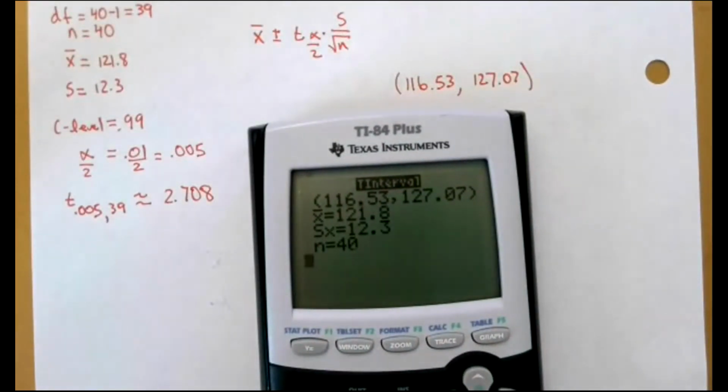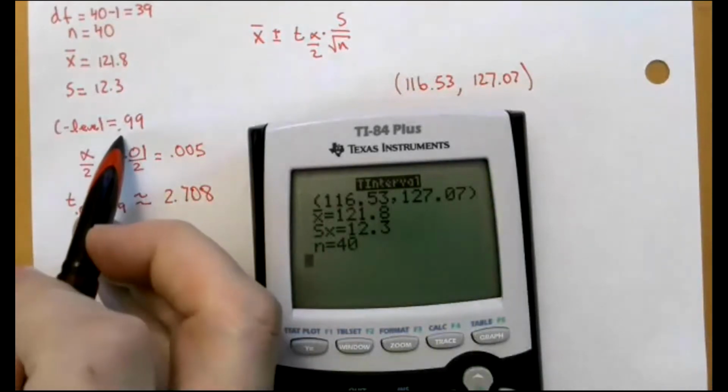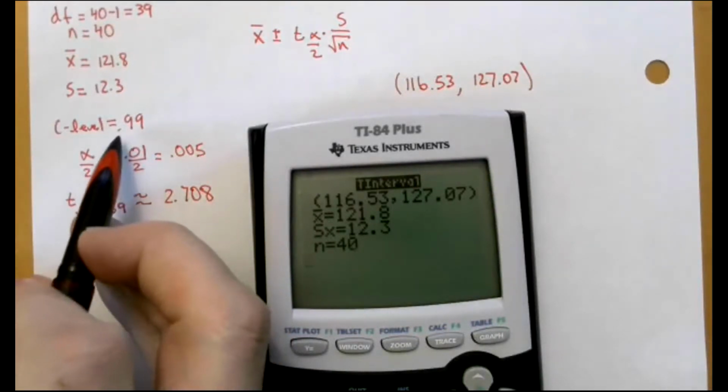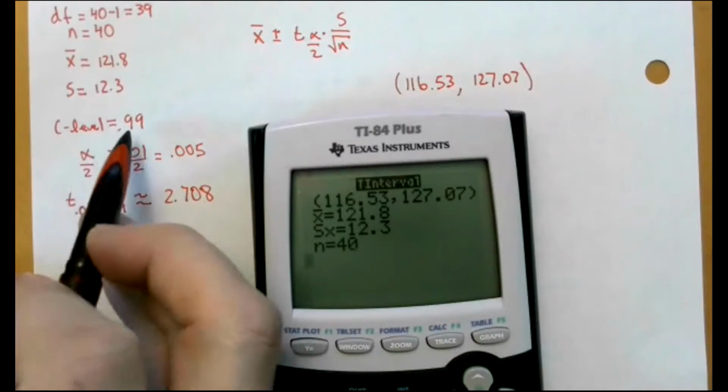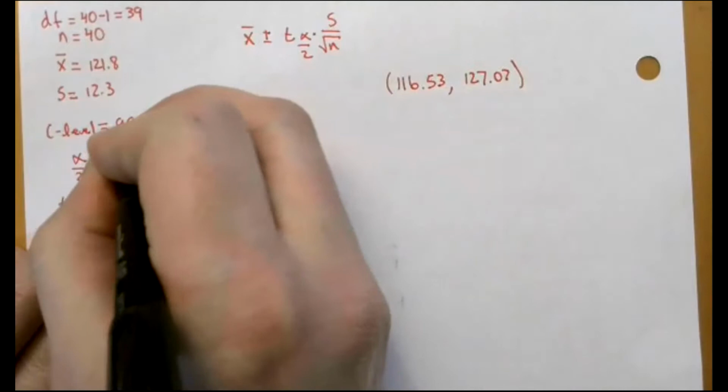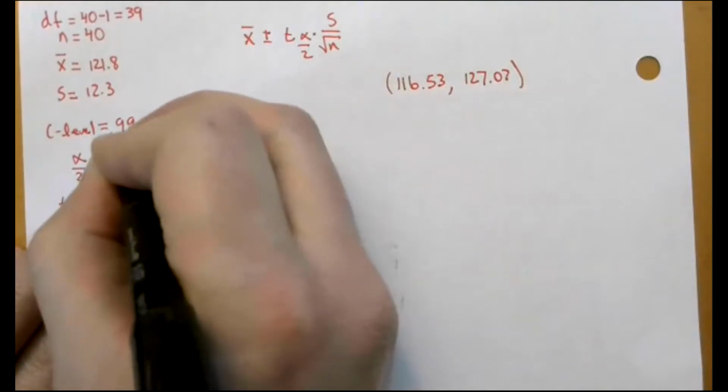Is that better? Yes, you got the T level to 0.005. Where'd you get that from? So the confidence level was the 99 from the problem. So the alpha is 1 minus that. That's where I got this 0.01.